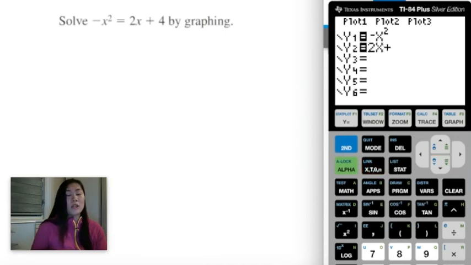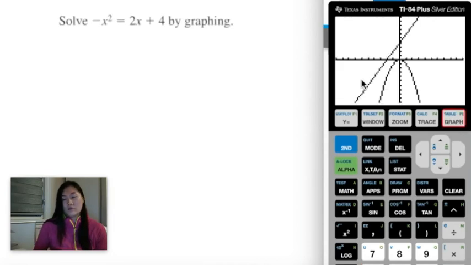So I'm separating the two expressions and then setting them equal to one another so that I can see where they intersect, if any. So to check how many roots there are, or if there are any roots, that's how you can check this. So hit graph, and I'm guessing that they won't intersect and there you go.